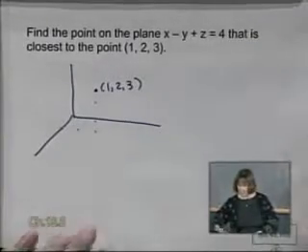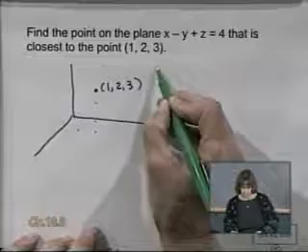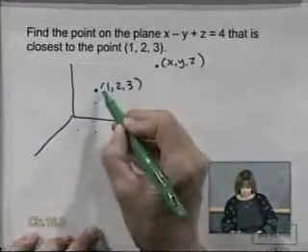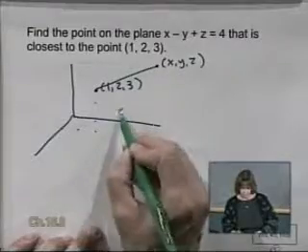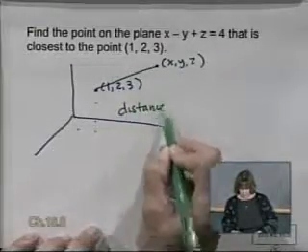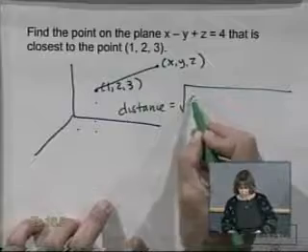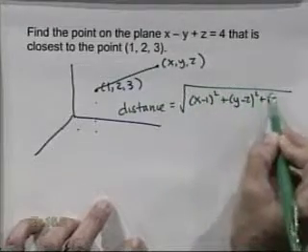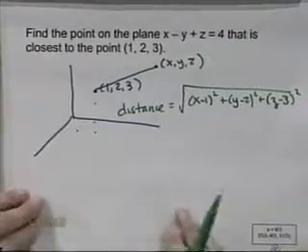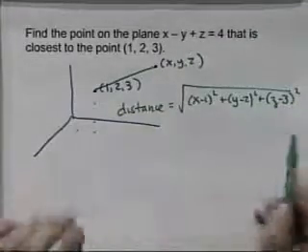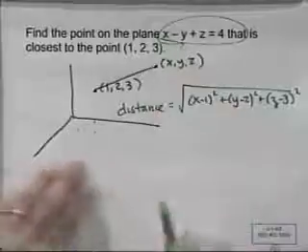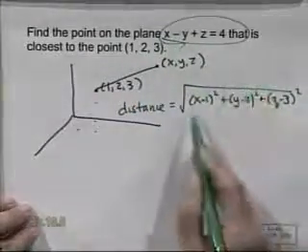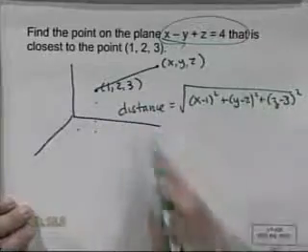If I take any point at all in three-dimensional space, the distance between this point and this point is equal to square root of x minus 1 squared plus y minus 2 squared plus z minus 3 squared. Now, do you all agree? Now, my constraint is I have to be on the plane. We want to find the point on the plane that makes this equation its minimum.